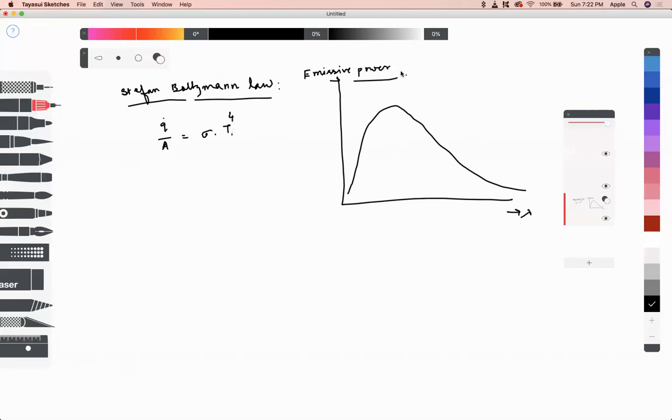That means how much radiation energy is coming out of that particular body at that particular temperature. So emissive power, we often denote it by E, is equal to sigma into A into T to the power 4.